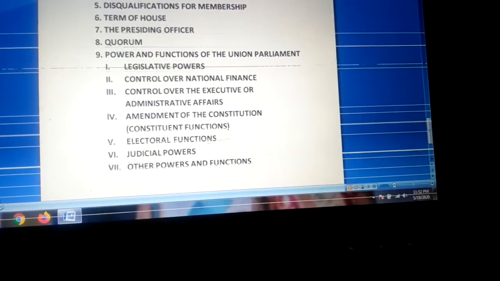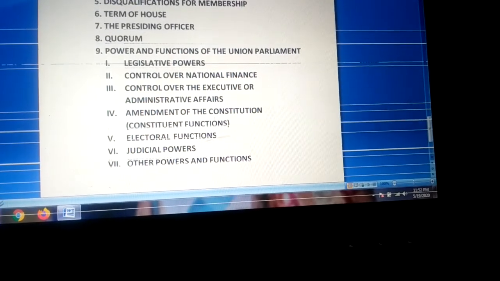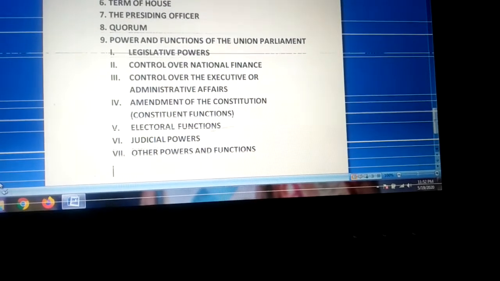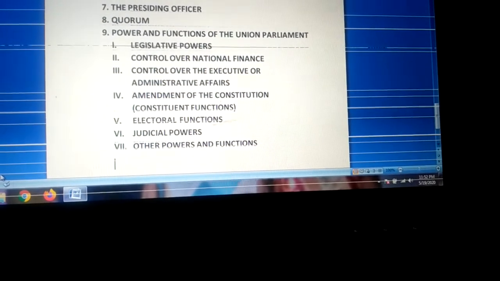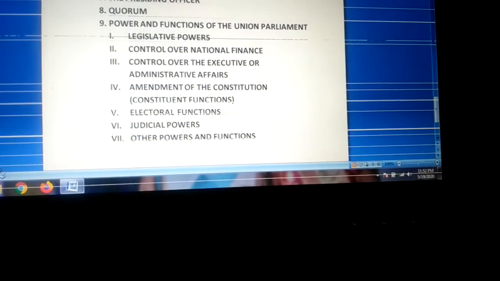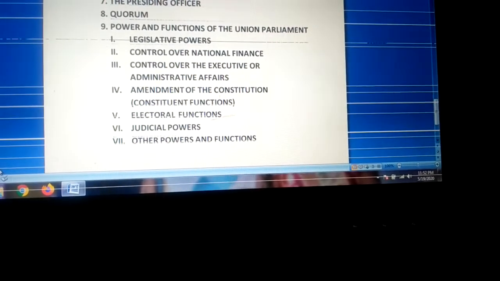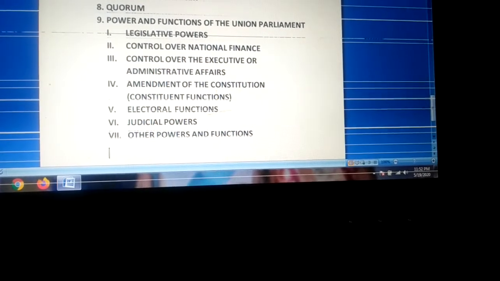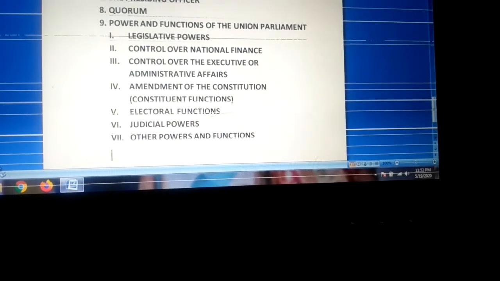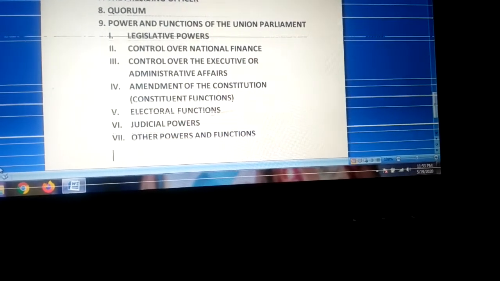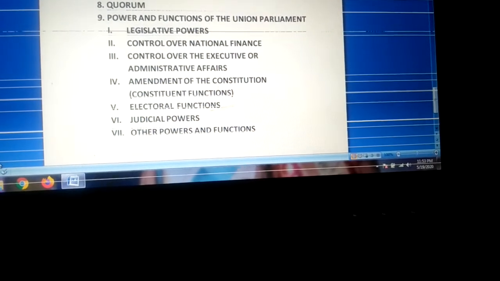Adjournment motion. What is that? A motion for adjournment furnishes the opportunity to censure the acts of omission and commission of ministers and administrators. An adjournment motion pinpoints the failure of the government in the performance of its duties, and it is moved only in the Lok Sabha.